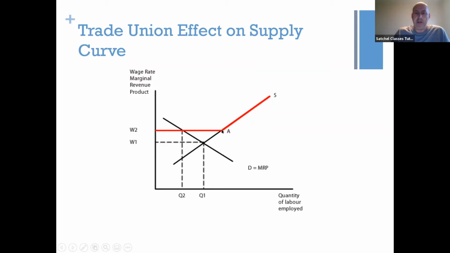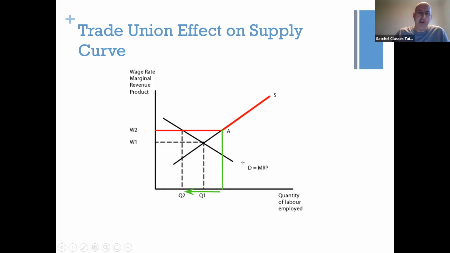Now at W2, more hours are offered, and if I just draw a line in there, more hours are offered than are actually demanded. I should have drawn the arrow the other way around, I'll just rub that out and do that again. There we go. So there's a big difference between how many hours are offered and how many are demanded.